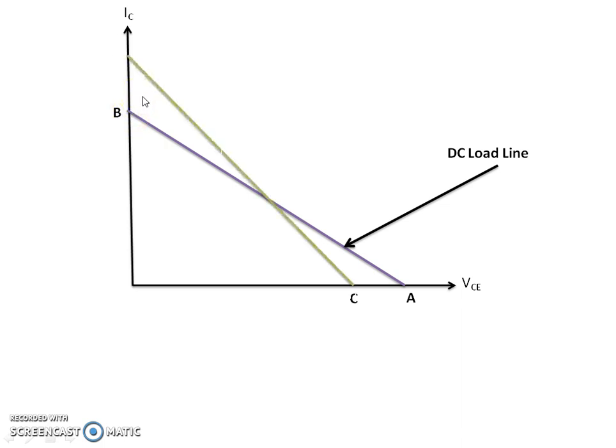Similarly, the AC load line can also be drawn like this, with intersection points C and D. C can be evaluated as VCEQ plus ICQ times RC parallel RL, and point D is evaluated as ICQ plus VCEQ divided by RC parallel RL.